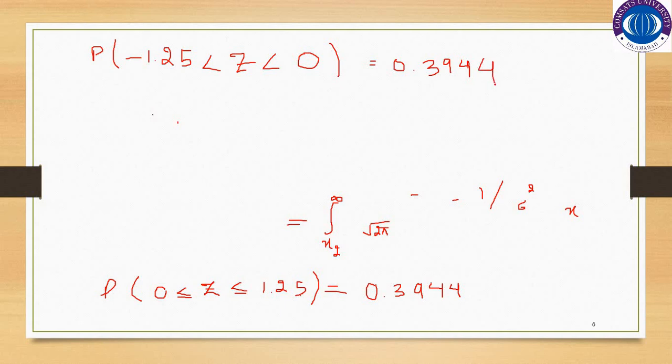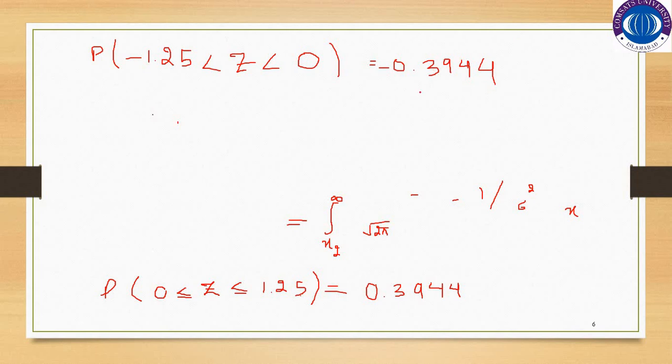Please note down one thing. Many students make the mistake of writing the sign negative here. This is wrong because this is basically the probability, or you can say this is the area. Both area and probability can't be negative, because area is the space between 2 points and it can't be negative, and probability is obviously between 0 and 1.